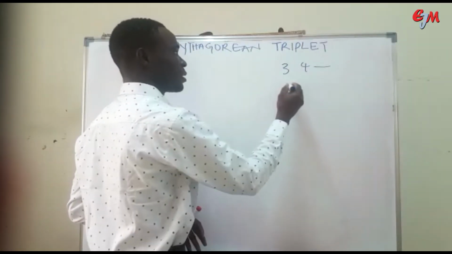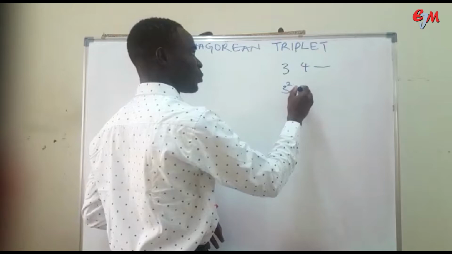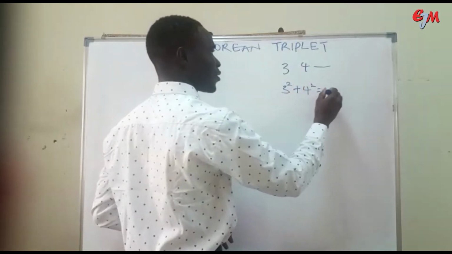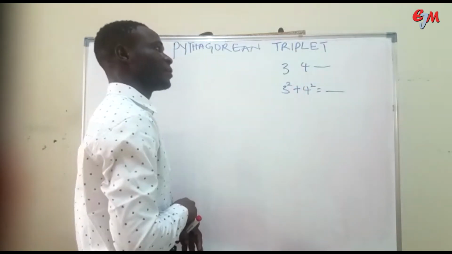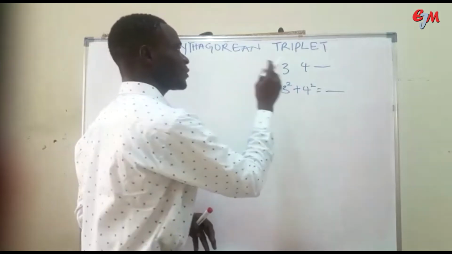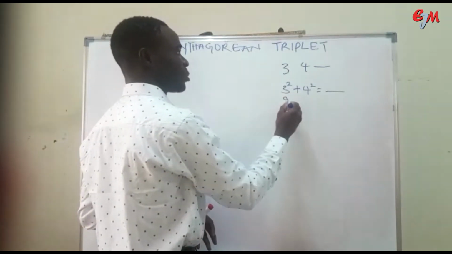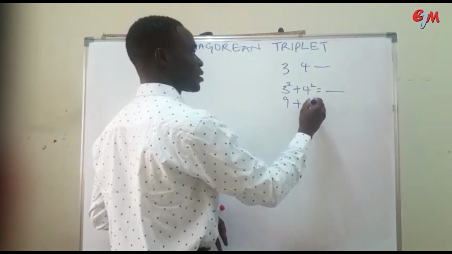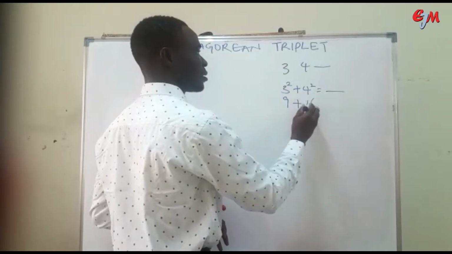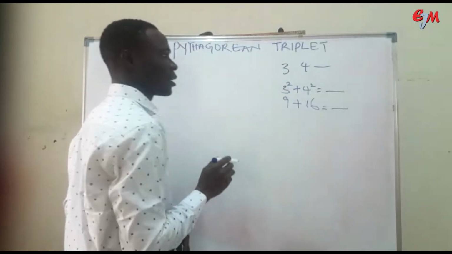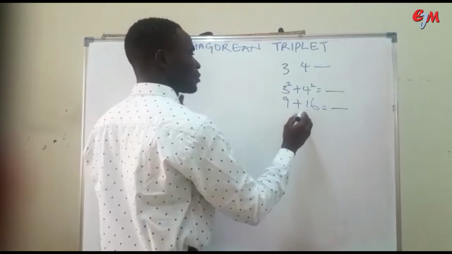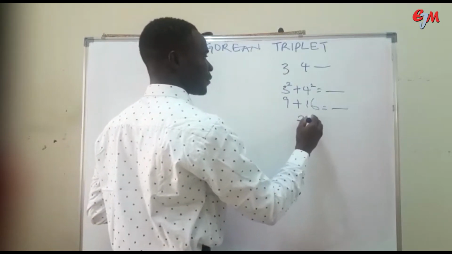Understand? So you have your 3 squared plus your 4 squared giving us the missing number. This one becomes 9, this one becomes 16, equal to the missing number. So this plus this gives us what? 25.